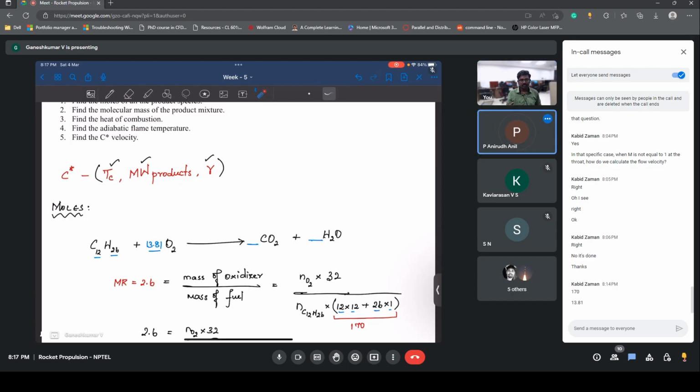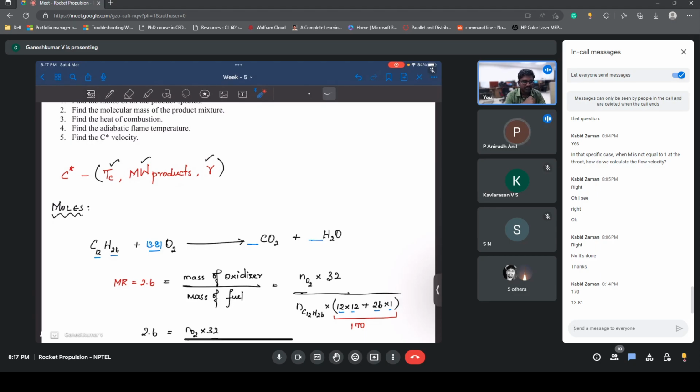Okay, sir. But in a propellant block, let's say, it depends on the size, right? If your size is bigger, the propellant block is going to be bigger, and let's say it depends on the mass. Let's say you have 1700 grams of C12H26, then you have 10 moles of C12H26, right?